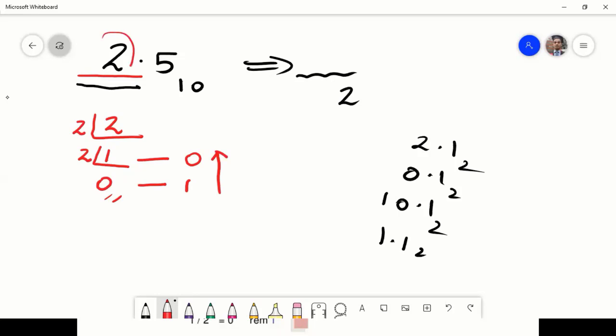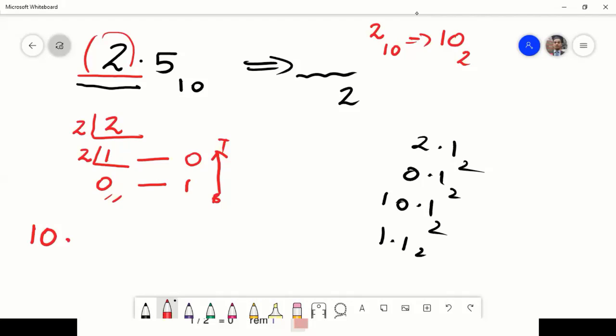So integer 2 is 10 base 2, because we have to take from bottom to top.